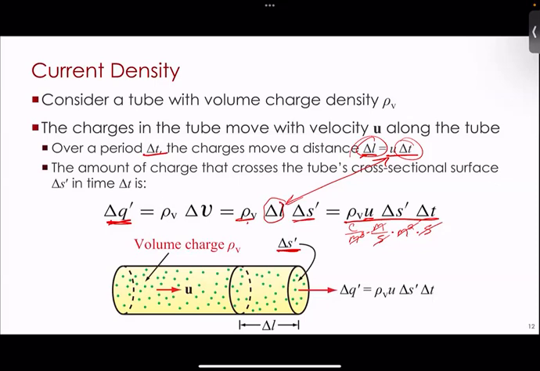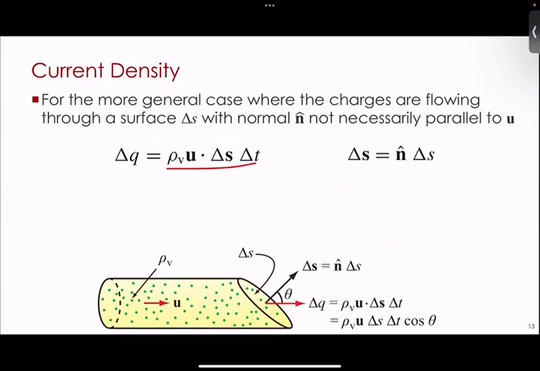So to make this generic, we just have to switch U into a vector, because it's got that red arrow, and delta S into a vector, where the delta S vector is the normal to whatever you define the surface to be. Boom. It's exactly the same as before, but with a bolded U and a bolded delta S, representing vectors, meaning they have a direction, not just a number.